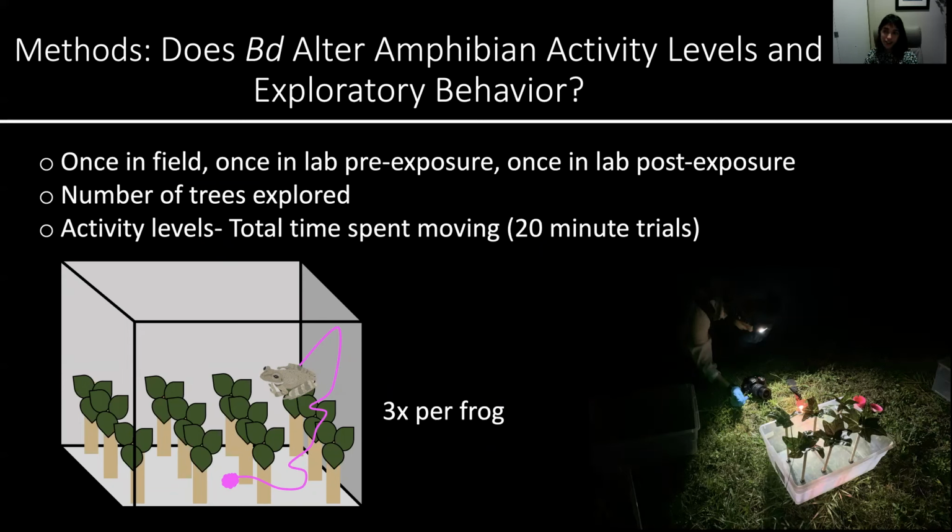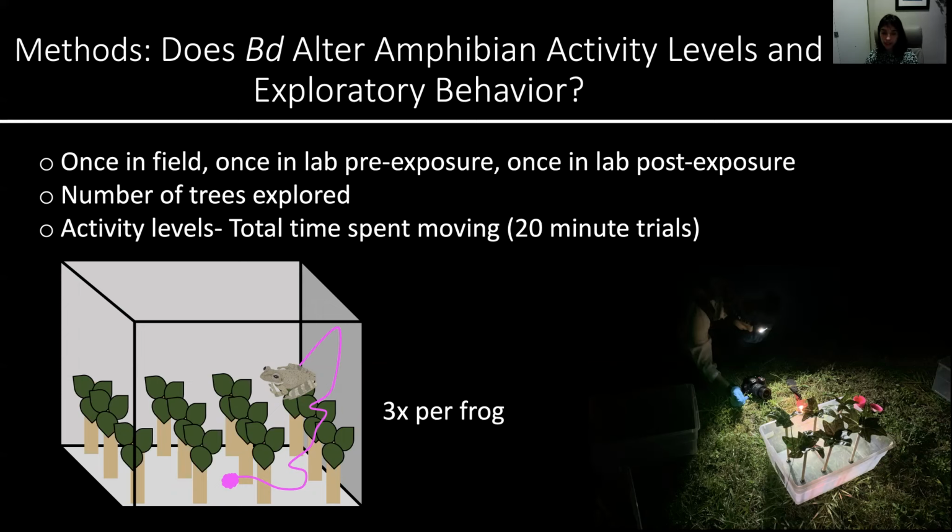And we did 3 assays in total, with the first assay immediately after capture in the field, and then the next assay 24 hours in the lab to see if there were any differences between a field setting and a lab setting. And then our final assay happened post-exposure to their treatments after the 3rd round of BD infection. And then in each video, we counted the number of trees climbed and then the total time spent moving for activity and exploration.